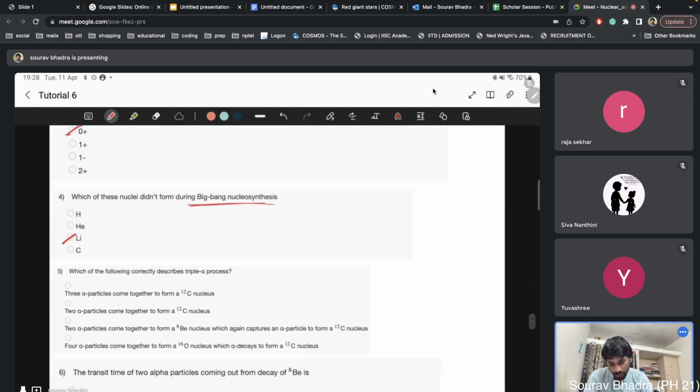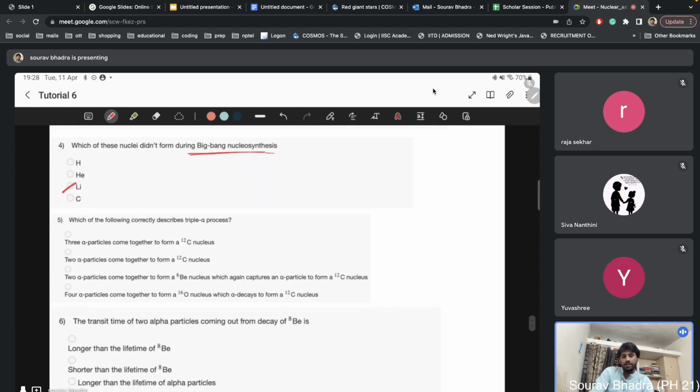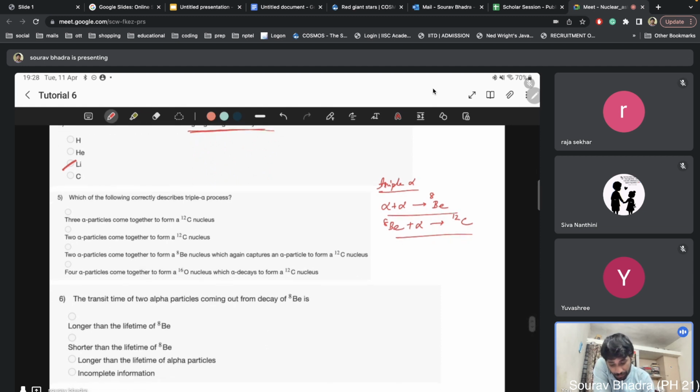Now, which of the following correctly describes the triple alpha process? I have told you that the triple alpha process is actually 1 alpha giving you beryllium-8, then this 8Be with another alpha giving you 12C.